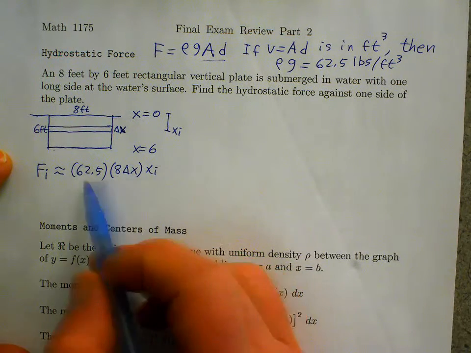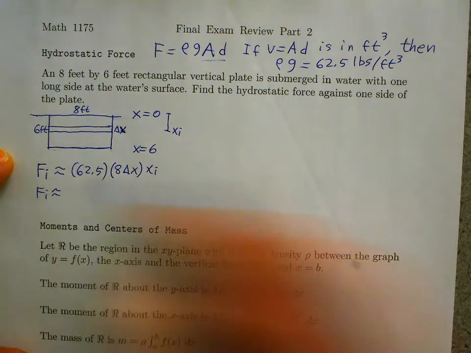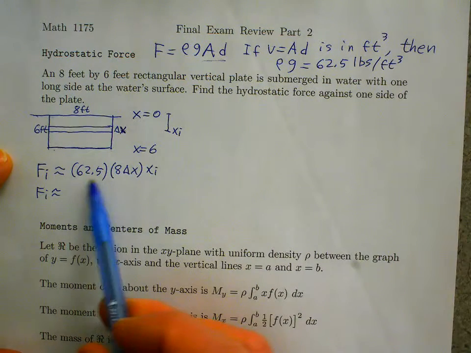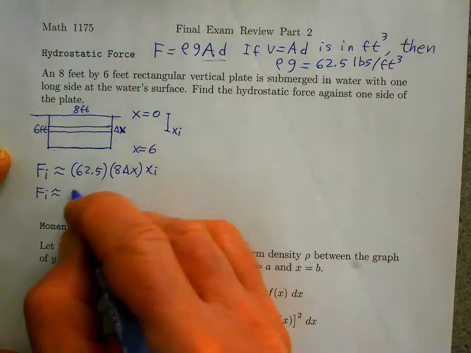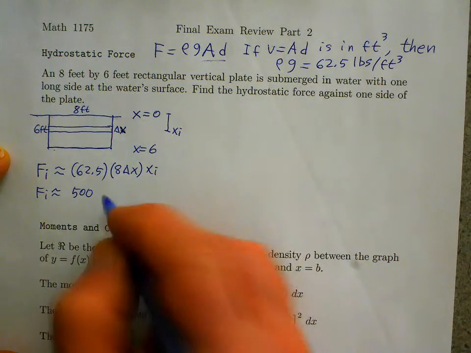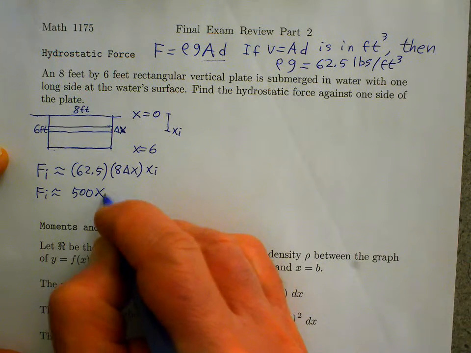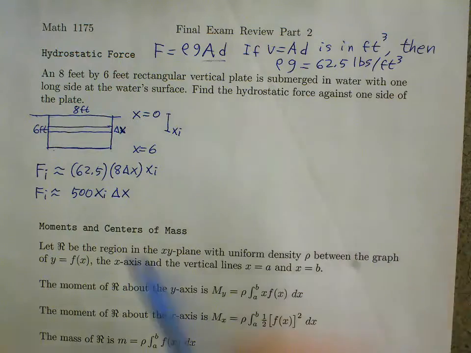So 8 times, we can simplify a little bit. 8 times 62.5 is just 500. And then rearrange delta x and x sub i. So 500 times the depth x sub i times delta x, which is the width of that rectangle.